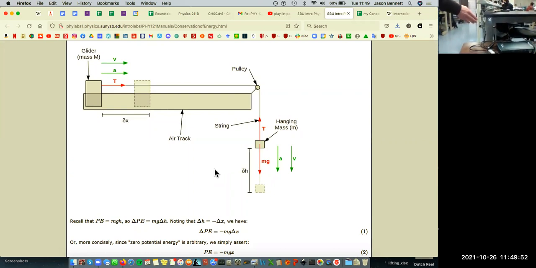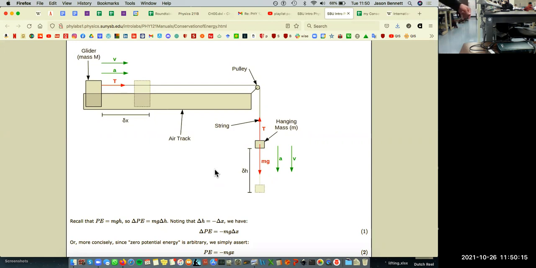So at this point, or rather, right before the cart hits it. What you'll see when the air is on, the mass will slowly start to fall, and this thing will go really fast right before it hits, and then it will collide and go backwards. So right before it hits, wherever the height of this thing is, I'm defining as my origin.